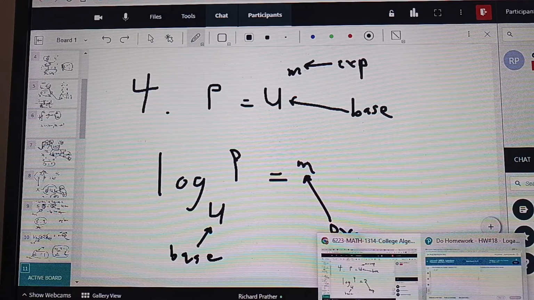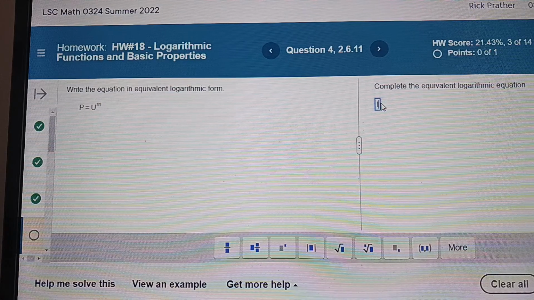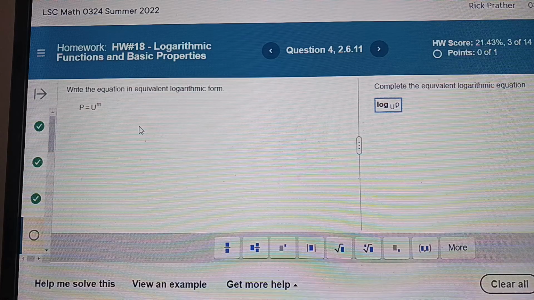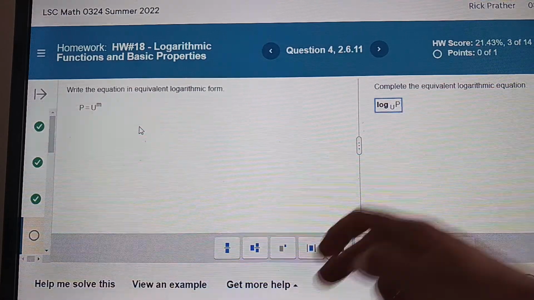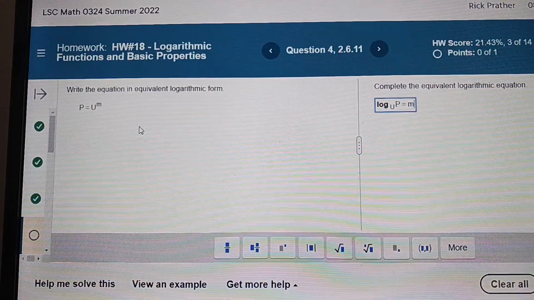So log base u of p equals m. Log, do the subscript, base, I think you need a capital U because that's what it is over there. Of capital P, sorry, capital P equals M, the exponent, which is not a capital letter.